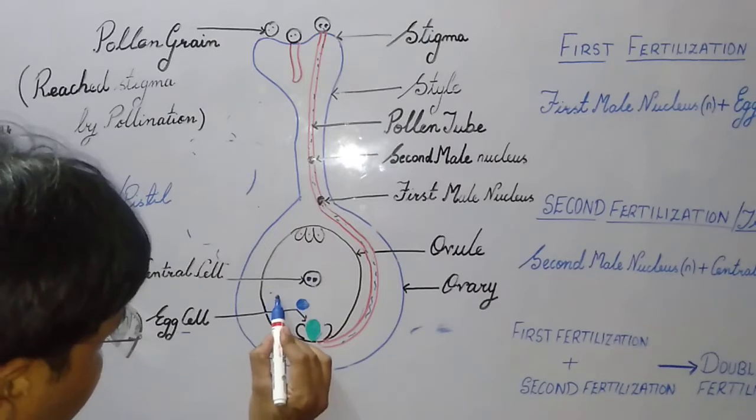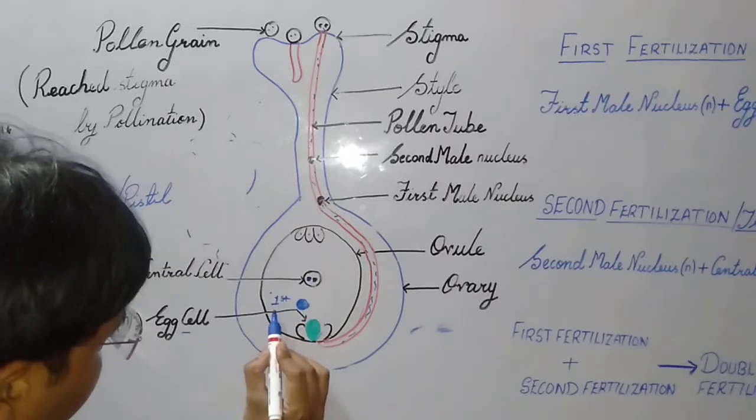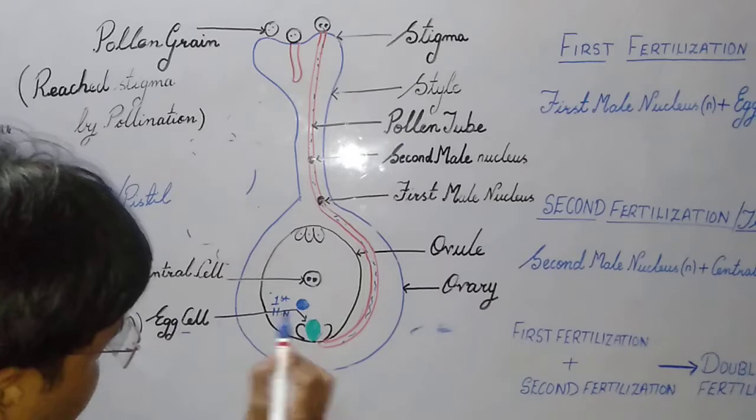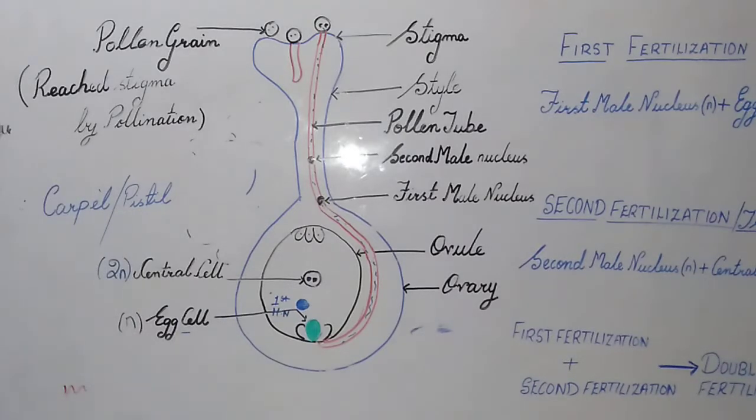This one is the first male nucleus. Once it enters inside the ovule, it fuses with the egg cell, and this combination of male gamete and female gamete is called fertilization.